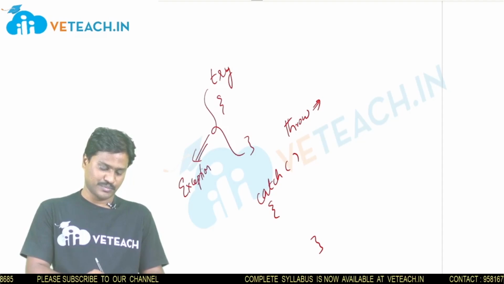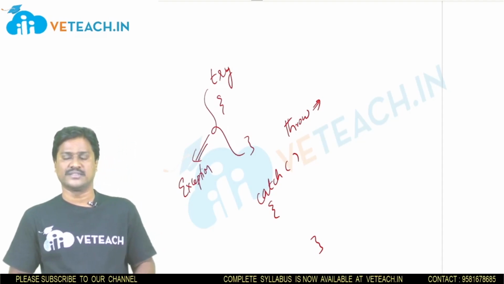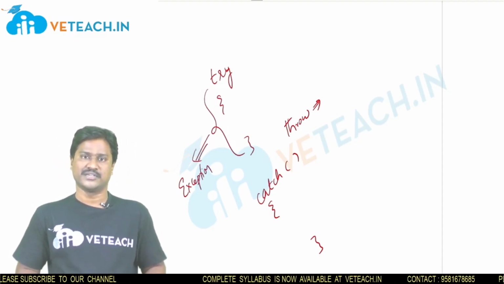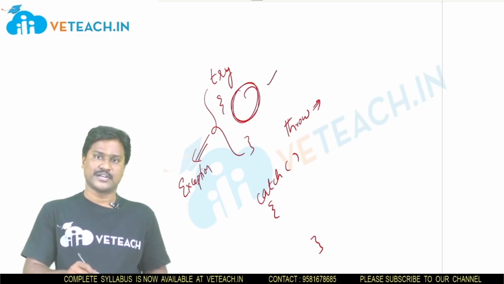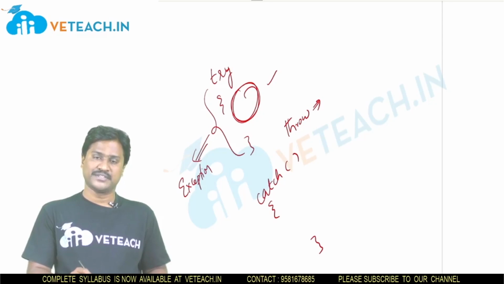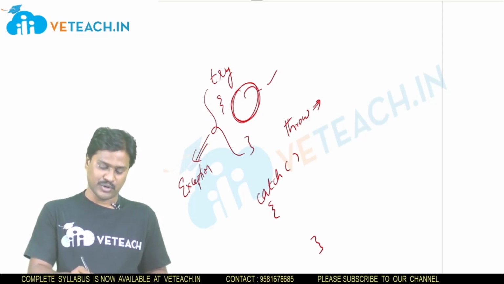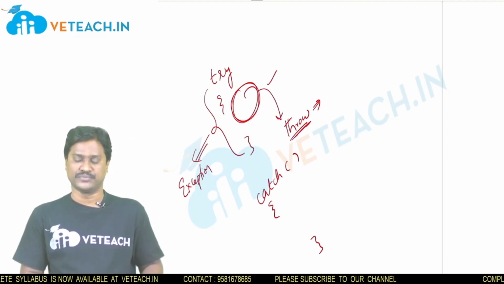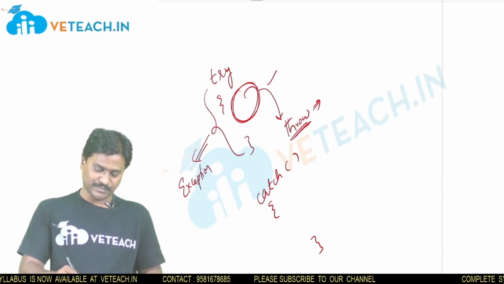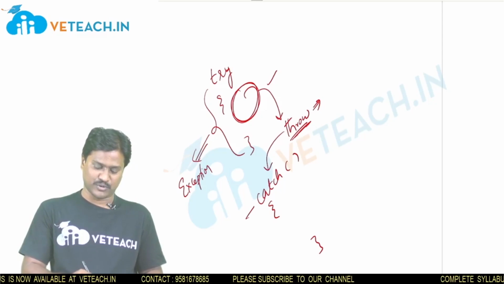So the try block should contain the code where exceptions may be generated in our program. Whatever exception is generated inside the try block should be thrown by the throw keyword, and the thrown exception should be caught by the catch block.